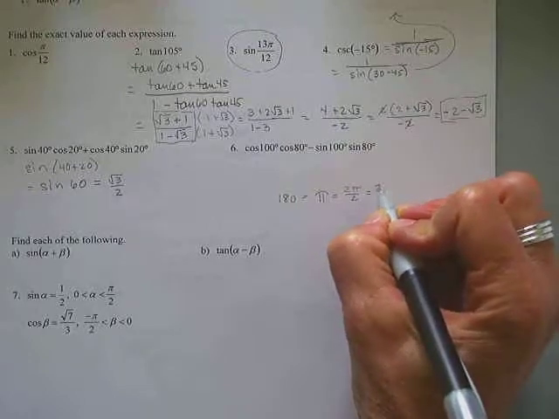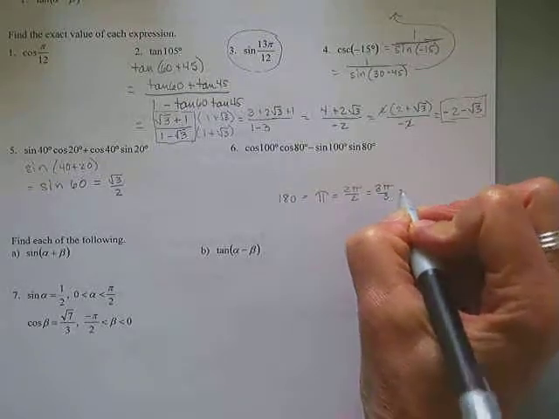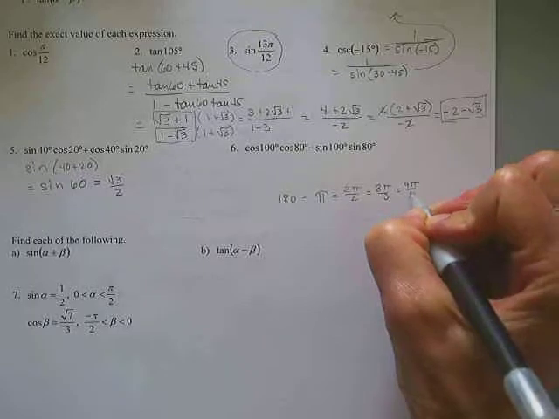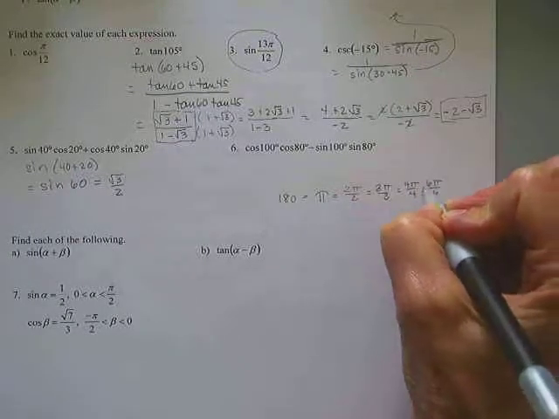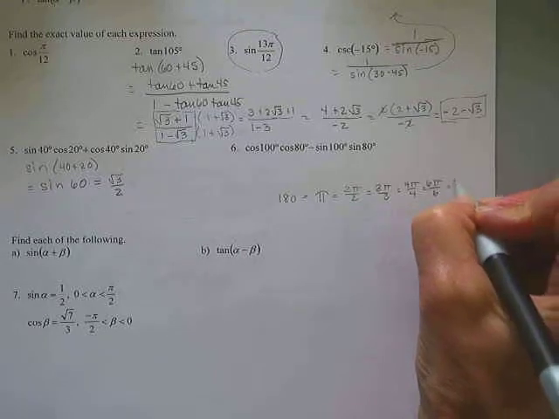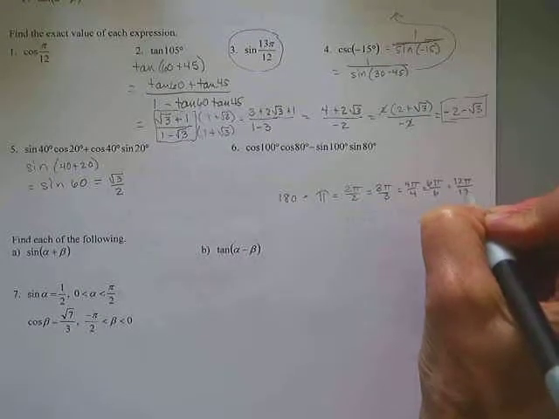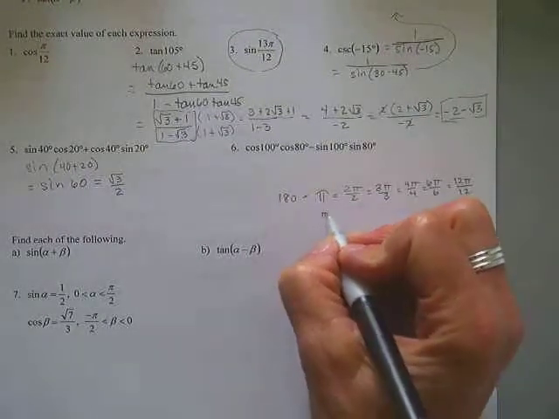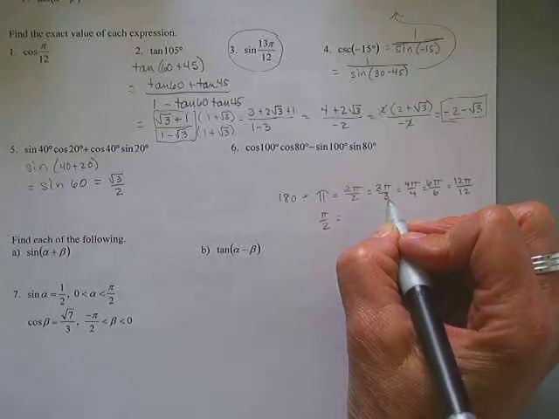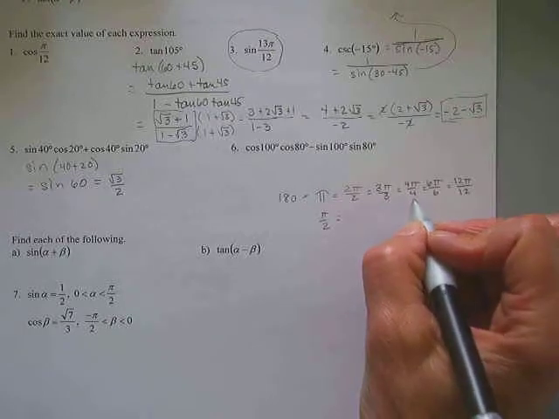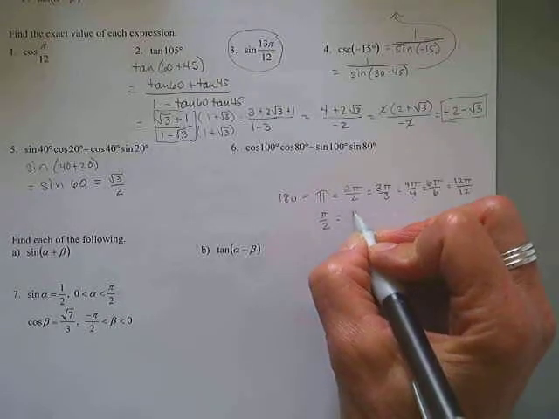One of the things you might want to put on your note sheet, and I think we started this off with pi. Pi is equal to what? Yes, it does equal 180 degrees, but when we do things in fractions, pi equals 2 pi over 2.